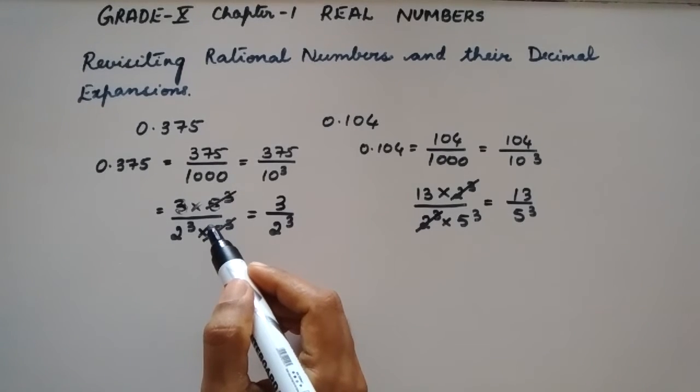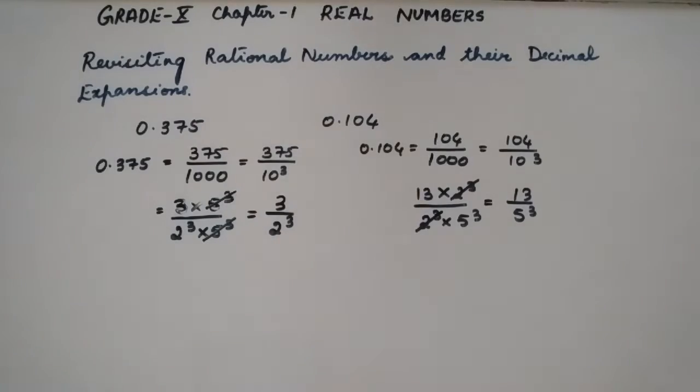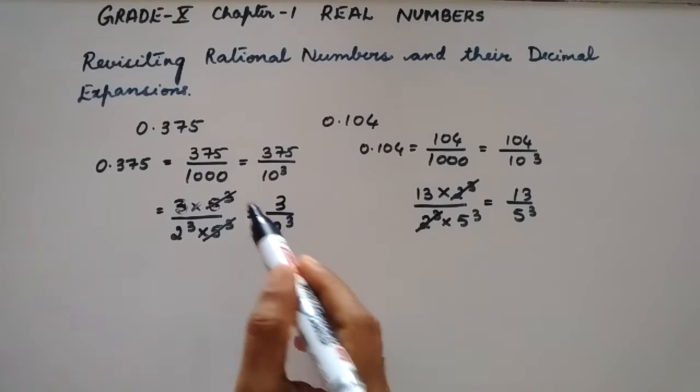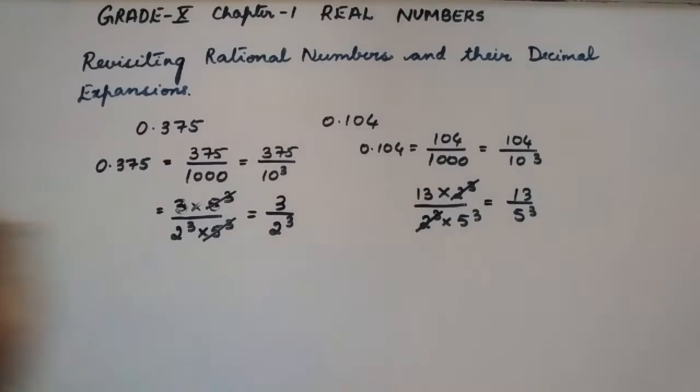We can also see that any real number which has a decimal expansion that terminates can be expressed as a rational number whose denominator is a power of 10. And the prime factors of 10 are 2 and 5. So cancelling out the common factors between the numerator and the denominator, we find this real number is a rational number of the p by q form.